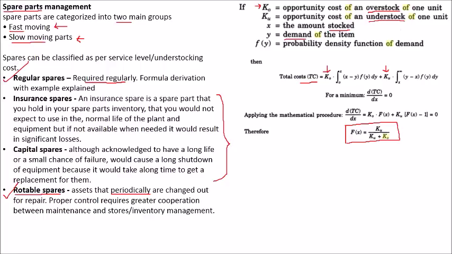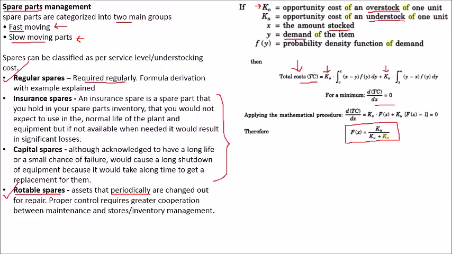If you differentiate and equate it to 0, you get the minimum total cost to the company for meeting the service level. This derivation is not given in the book, but it is useful for you because it may be asked in an objective type question.